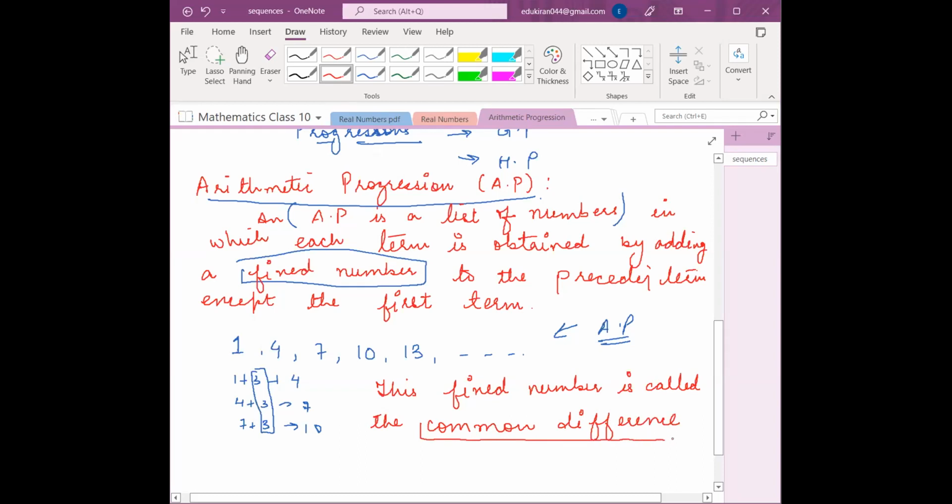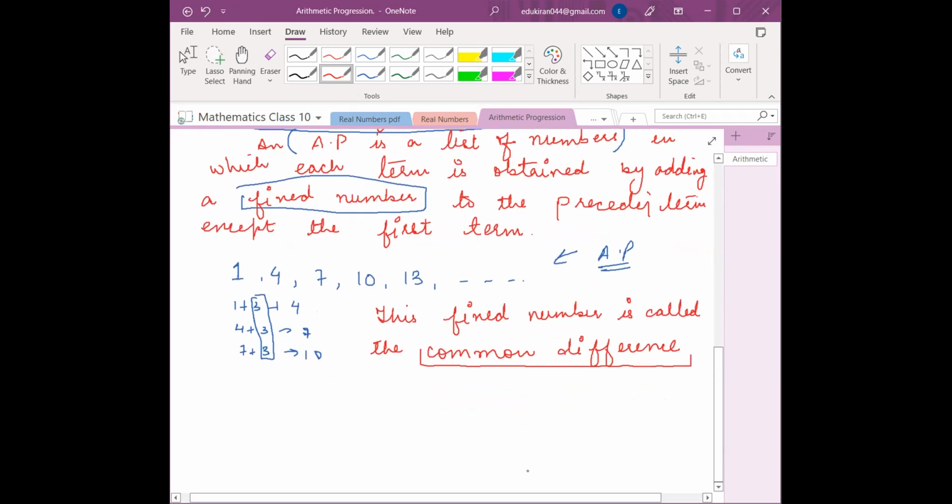You have to remember this term, common difference. Okay. Now look here. This is 1, 4, 7, 10, 13.